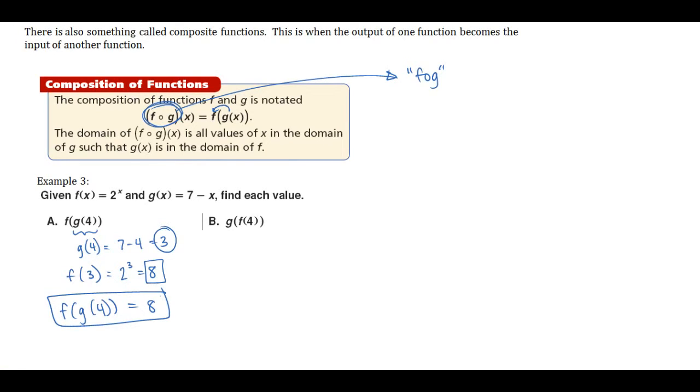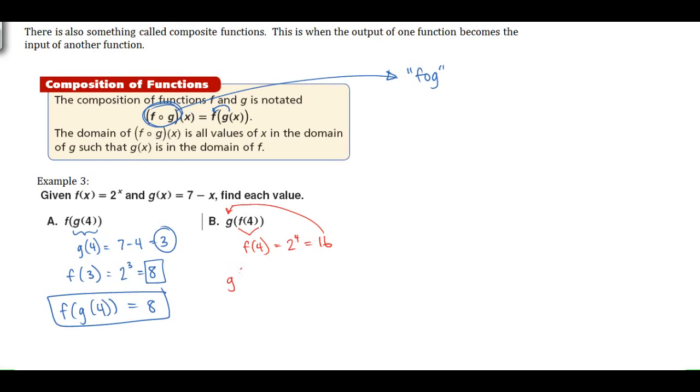So look at B now. B tells me that I want to do first f of 4. So I'm going to go to f, and I'm going to plug in a 4. So that would be 2 to the 4th. So what is that? 16? So 2, 4, 8, 16. Yeah. Now that answer's got to get plugged into g, is what this is telling me.